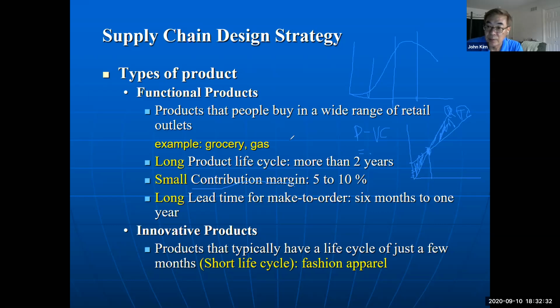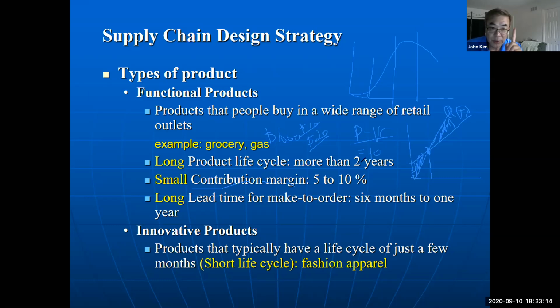So if we need like a $1,000 machine to produce something, and we produce one and sell at $20, and variable costs such as material cost and labor cost are $10, then price minus variable cost, 20 minus 10, is $10.